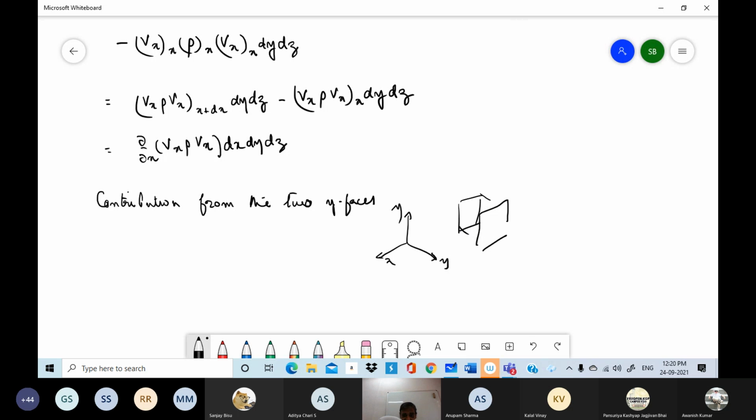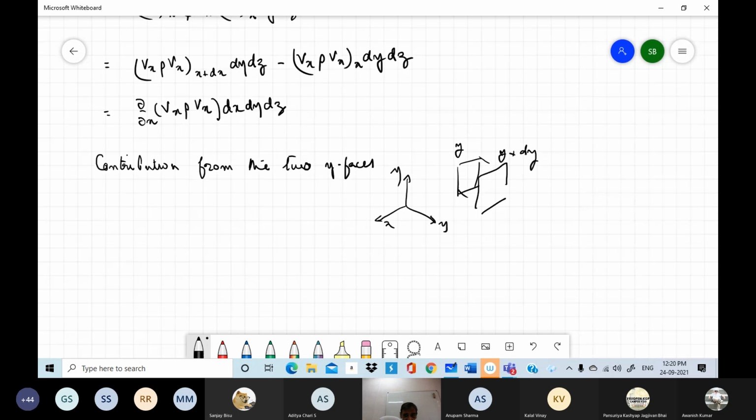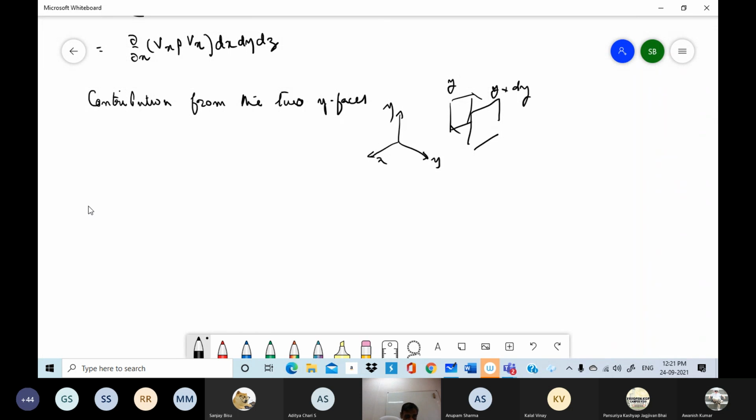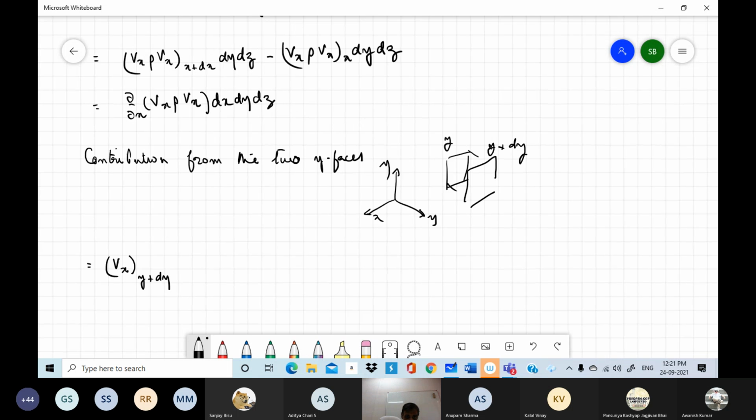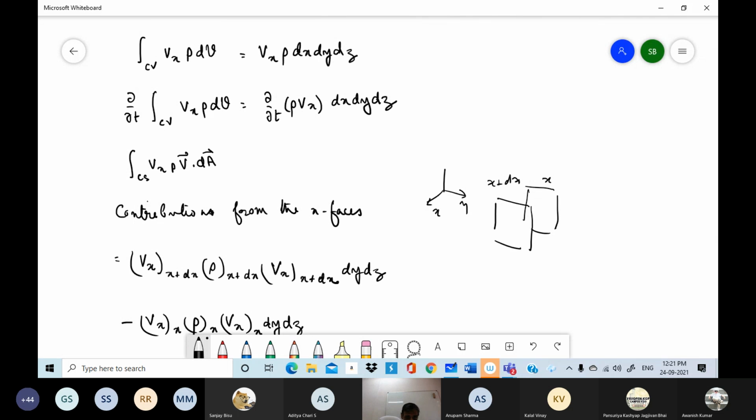So these are the two y faces. This is at y and this is at y plus dy. So then the contribution from these at y plus dy, I'll get Vx. What I'm evaluating is the contribution to this integral from the y faces.